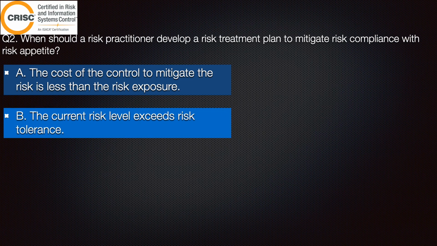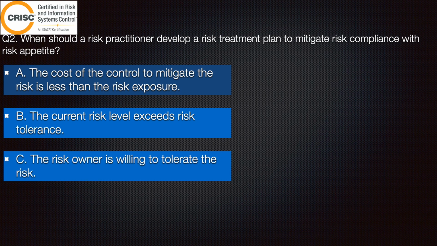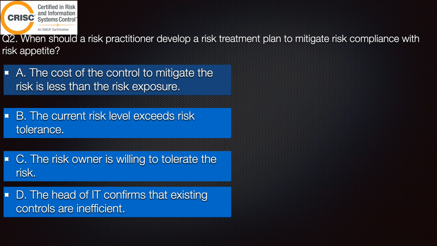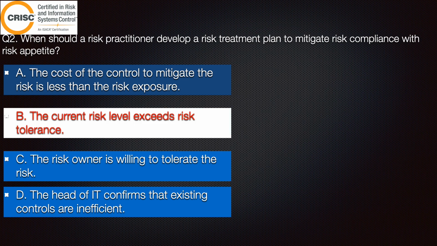Option B, the current risk level exceeds the risk tolerance. Option C, the risk owner is willing to tolerate the risk. And option D, the head of IT confirms that the existing controls are inefficient. The correct answer is option B, the current risk level exceeds the risk tolerance.